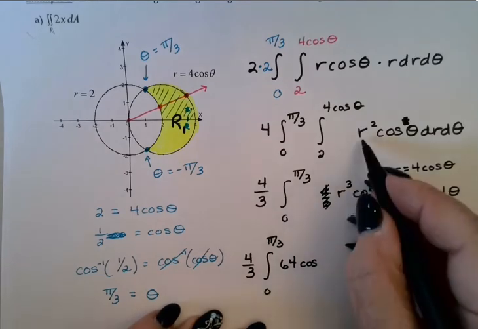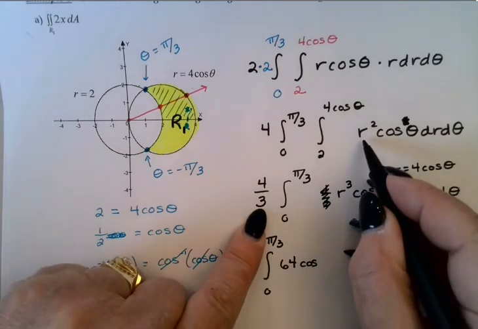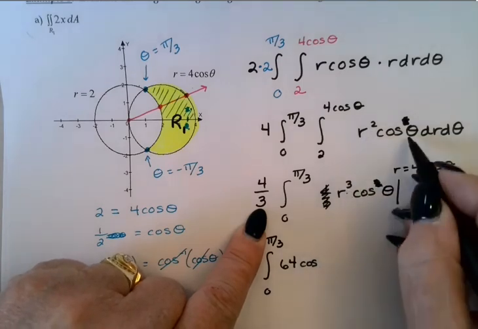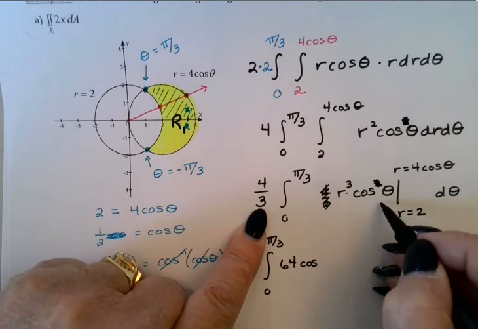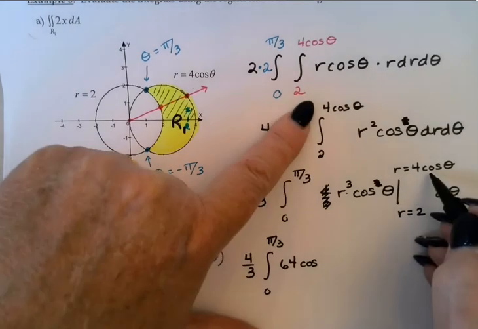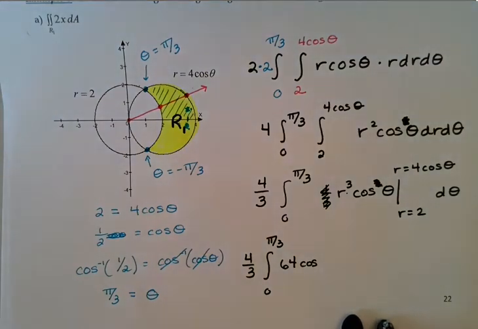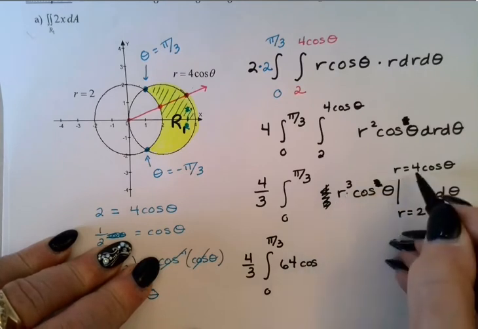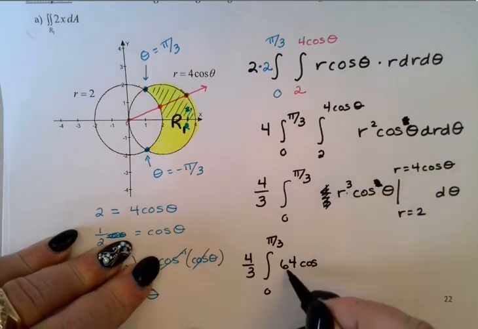So I integrated 1/3 r cubed. Integrating with respect to r means cosine theta does not change. And then I've got my limits of integration from 2 to 4 cos theta. I think I've got this right now. All right, so there's my 4/3. R cubed. 4 cubed is 64.